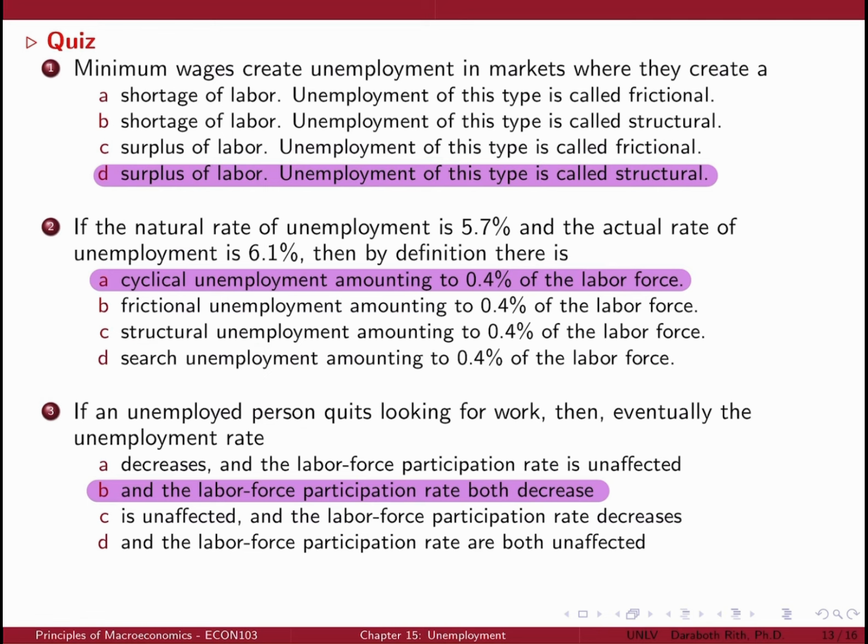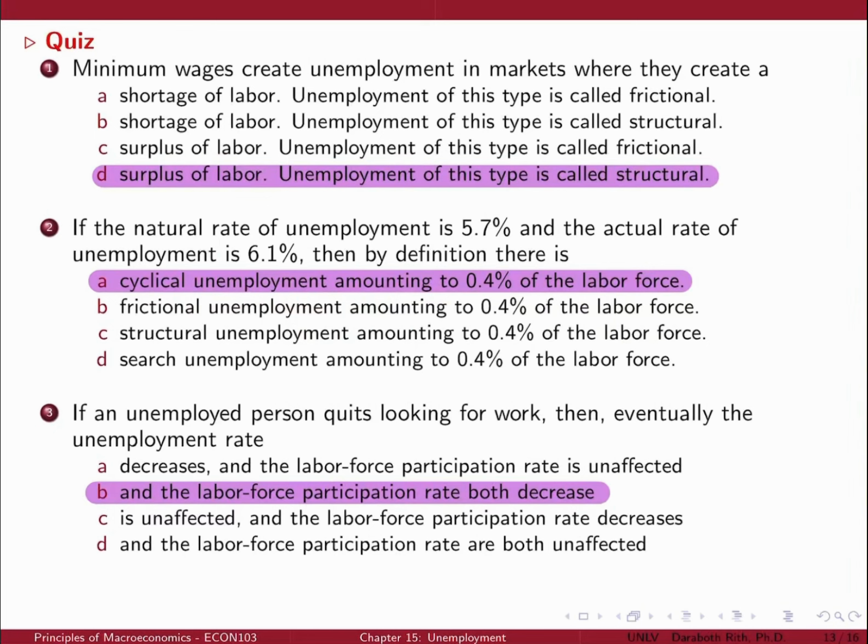To calculate cyclical unemployment, we take the actual unemployment rate minus the natural rate of unemployment. Substituting the given values, 6.1% minus 5.7% equals 0.4%. So there is 0.4% cyclical unemployment. Thus, the answer is A, cyclical unemployment amounting to 0.4% of the labor force.